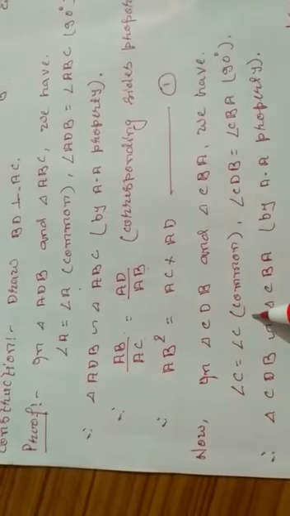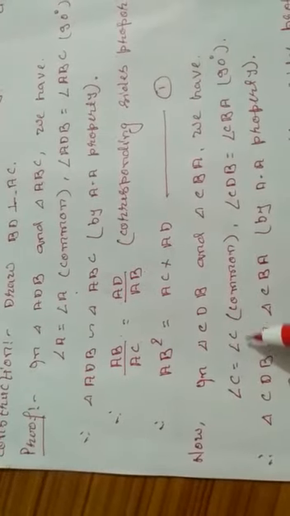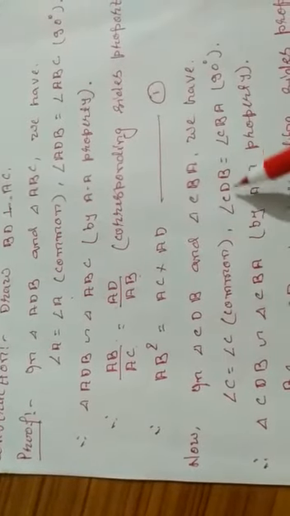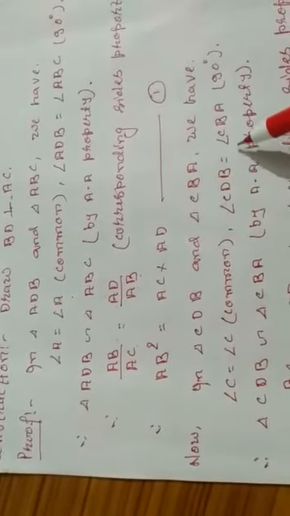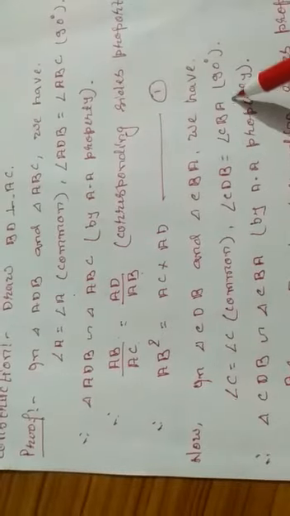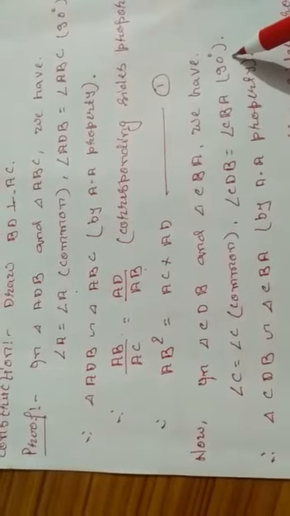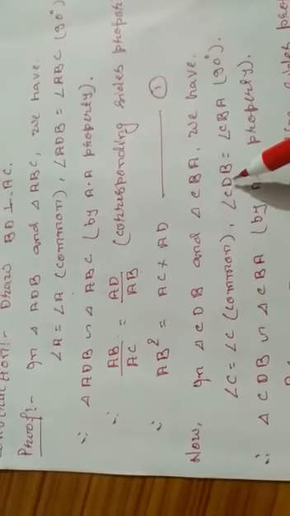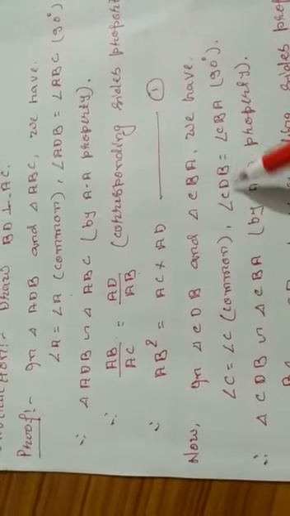Angle C equals angle C, which is common, and angle CDB equals angle CBA, which is 90 degrees, because BD is perpendicular on AC, so it will make a 90 degree angle on both sides.